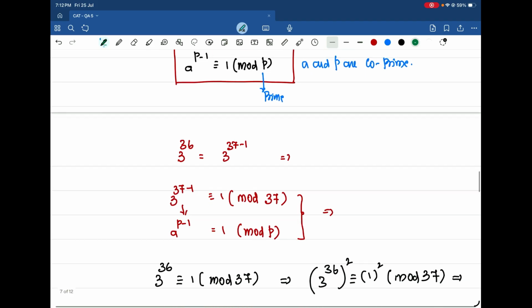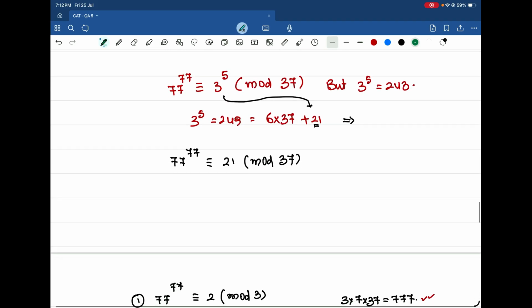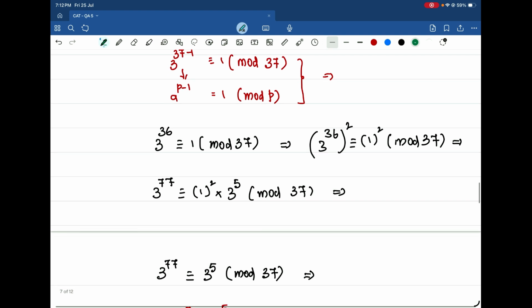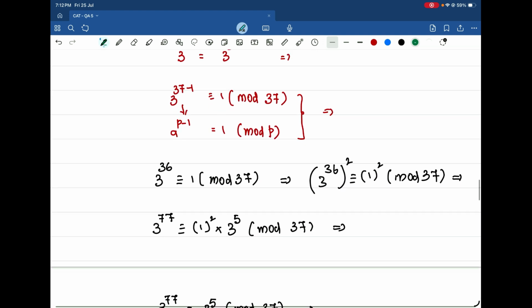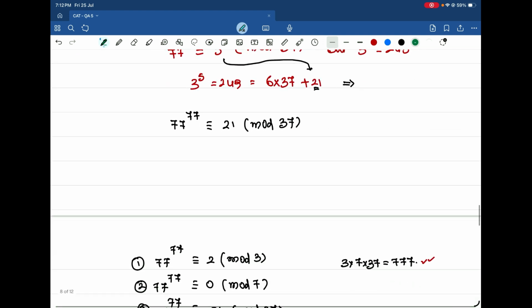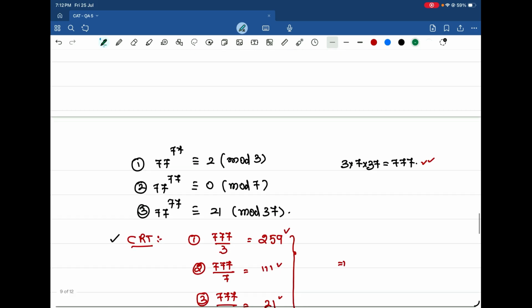That 3 to the power of 77 we have substituted, so that it has become 21 mod 37.